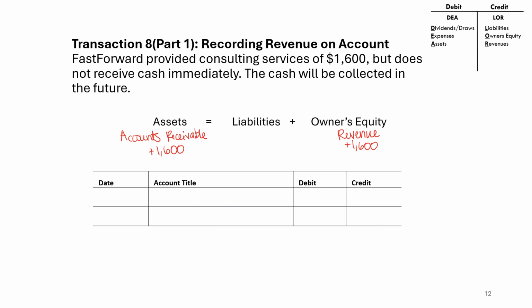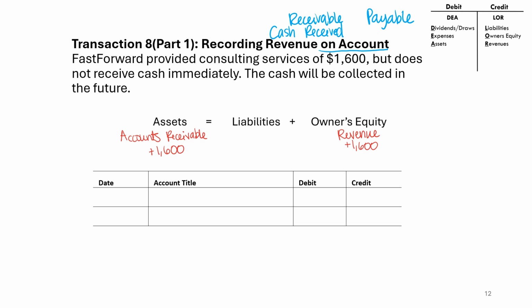Transaction 8, Part 1, recording revenue on account. Remember, on account means that there is no cash exchanged. On account means it will be either a receivable or a payable. It will be a receivable if cash will be received later.